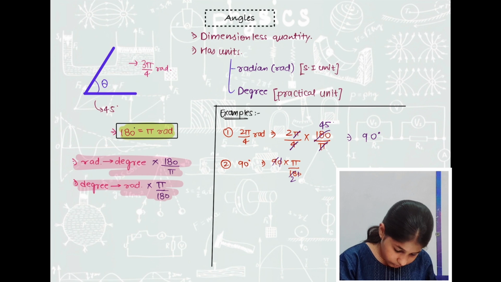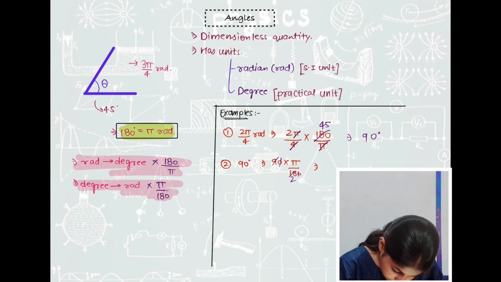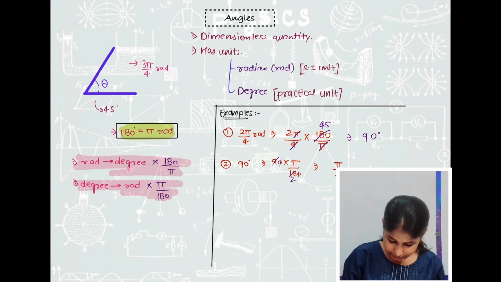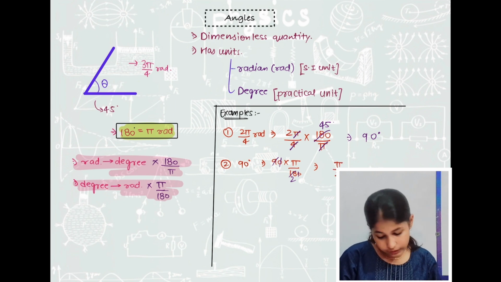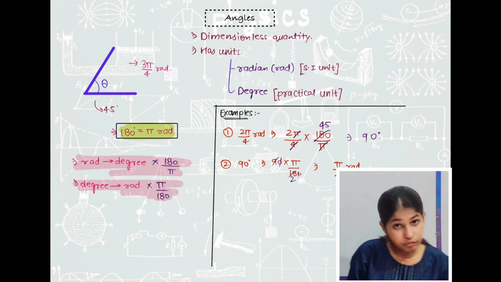It means our answer will be, for 90 degree into radian, pi upon 2. Okay, pi upon 2. And I'm writing the unit here also.